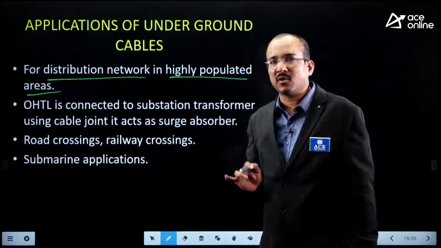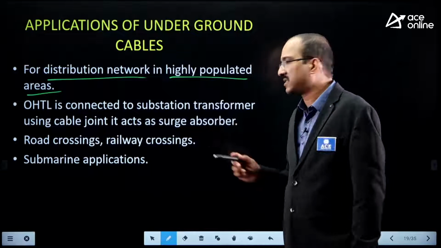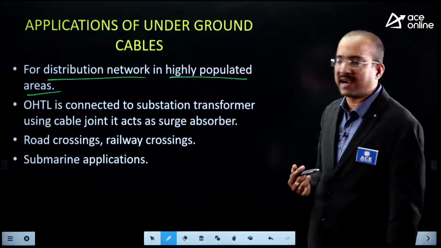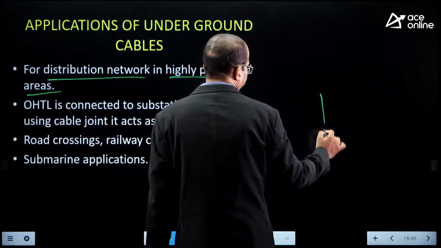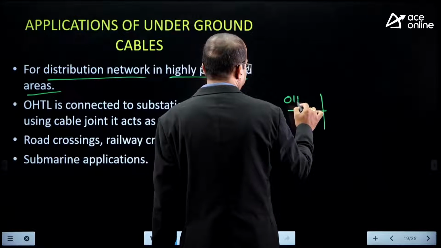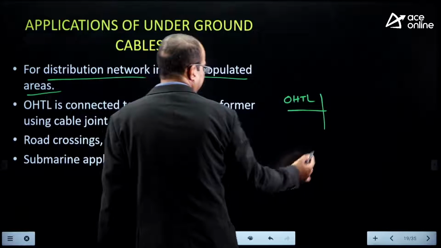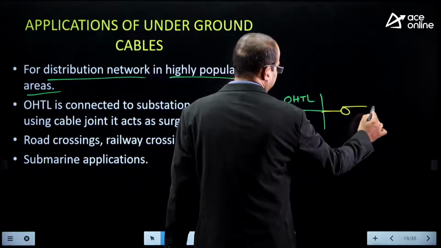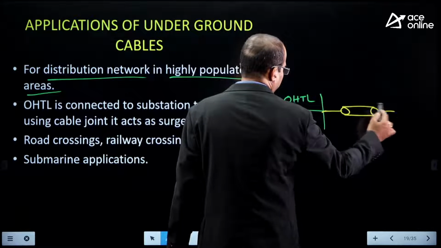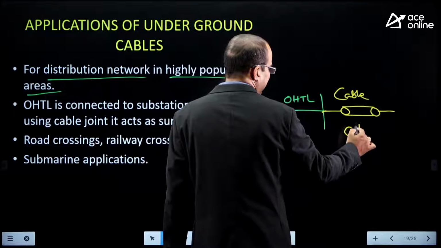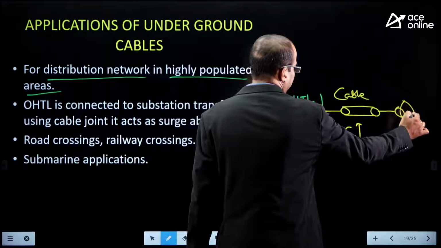And if you observe the overhead transmission line, it is terminated into the substation to the transformer using underground cable. So, here we have overhead transmission line. Now, it is terminated into the substation and it is connected to the transformer using a cable, because this cable capacitance effect is high.